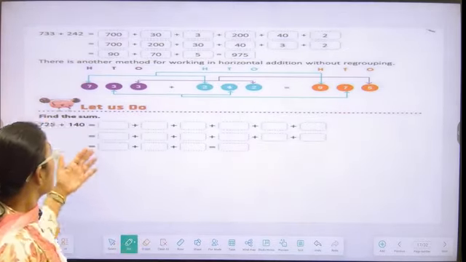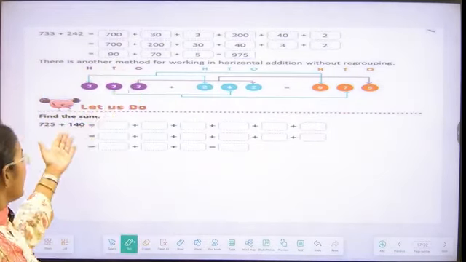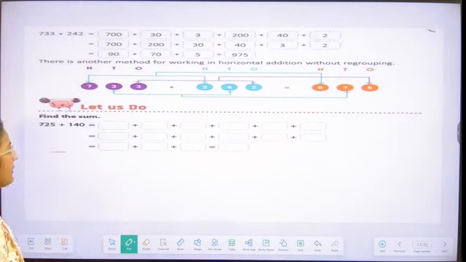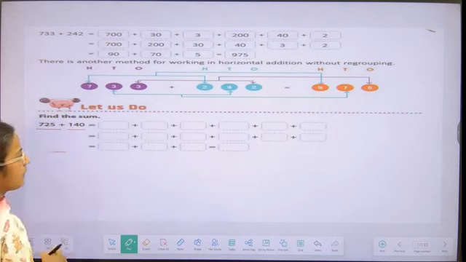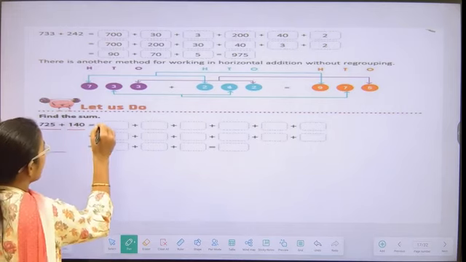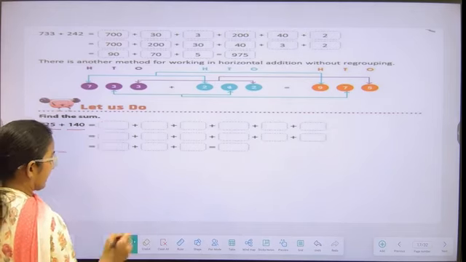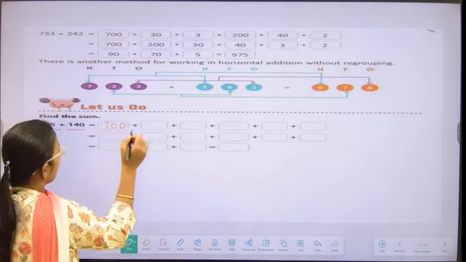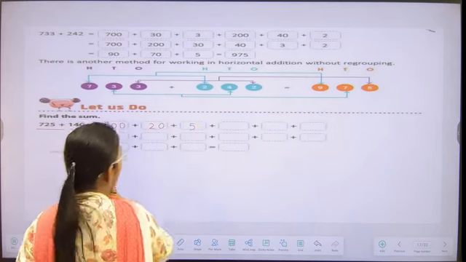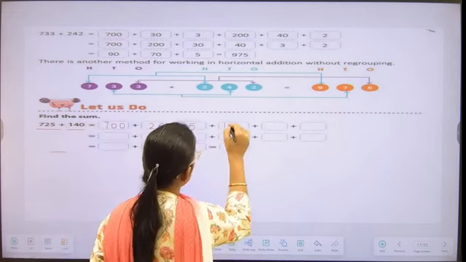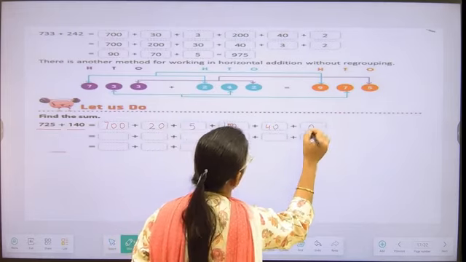So similarly, we can do the addition of these numbers also, student. Let's do one activity based on that. We have to add 725 with 140. So first, we can write 700 with 2 tens and 5 ones, and 140 can be written as 100, 4 tens and 0 ones.